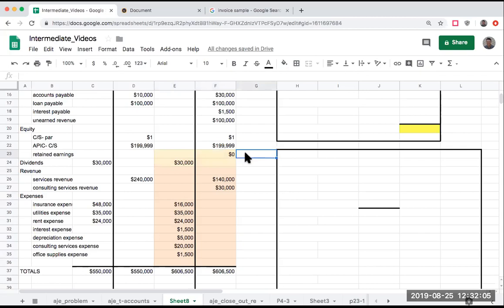What I'm going to have to do after this is close out all of these temporary accounts. And what is a temporary account? Revenues and expenses are what we earned or what we used in the course of those earnings, as well as dividends, or basically giving back to our shareholders. Those are all temporary accounts that will have to be closed out to retained earnings.